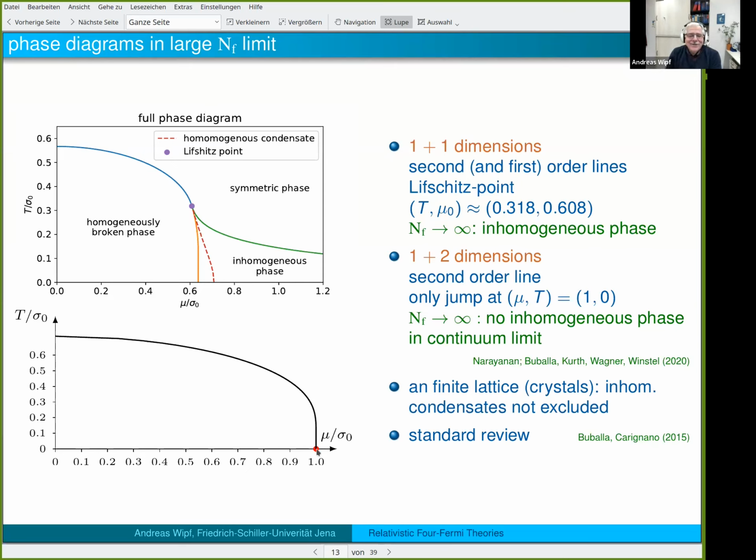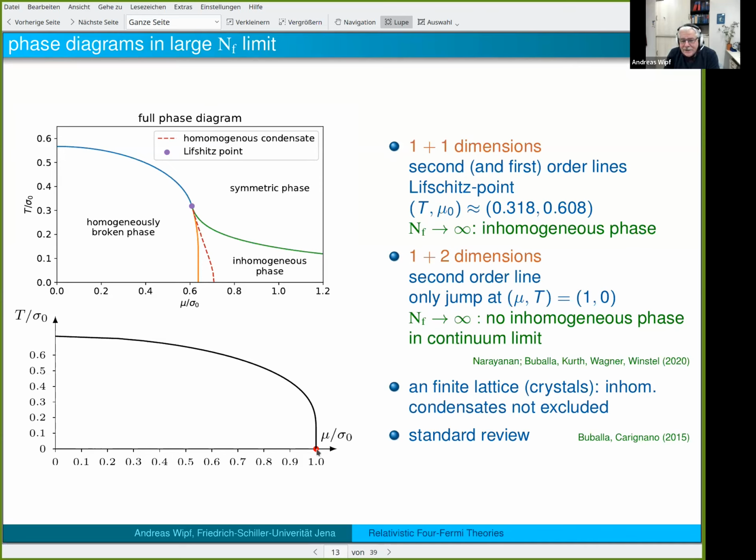So you can say this is sort of a first-order transition, but it's the very end of this line. And up to now in 3 dimensions, nobody has seen an inhomogeneous phase, and we are sort of convinced there is none. I told you there are inhomogeneous phases below 3 dimensions, and I will mention how they have been found in a moment.